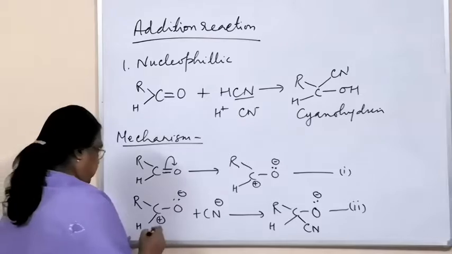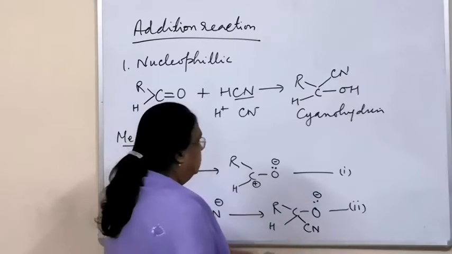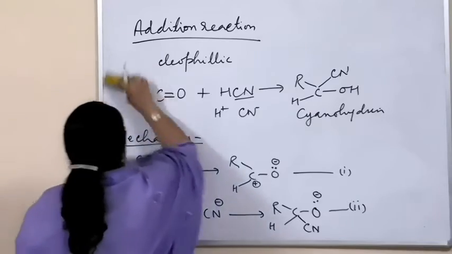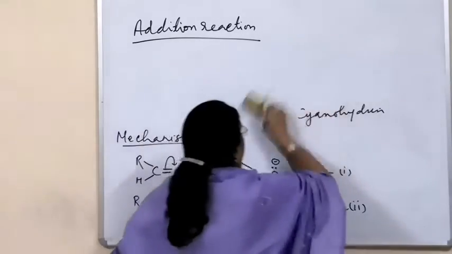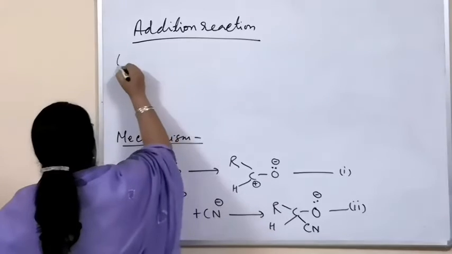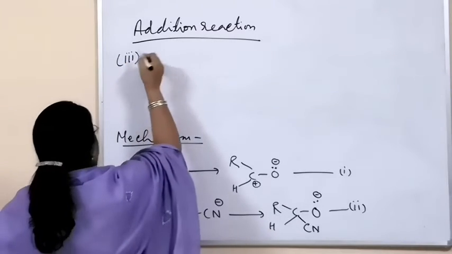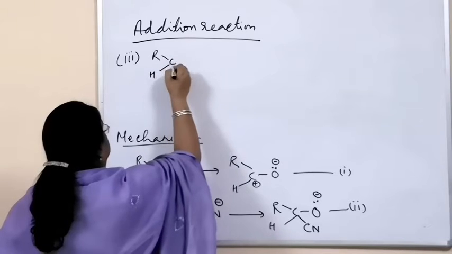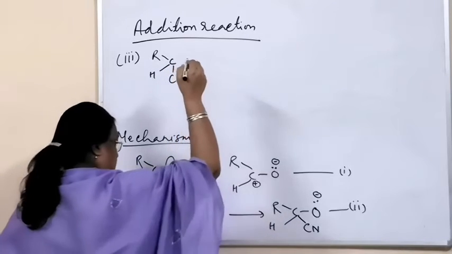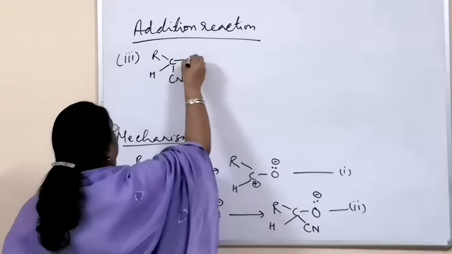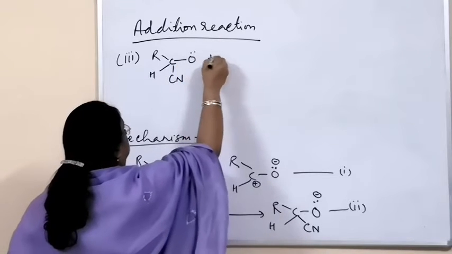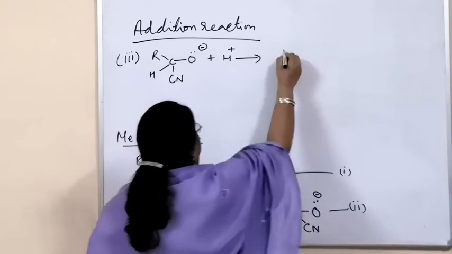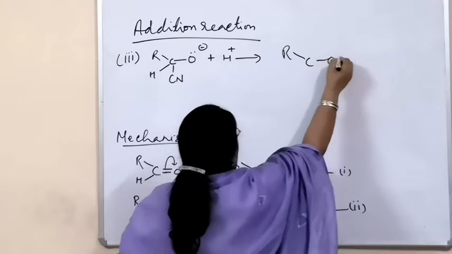So in the third step, RCHCNO negative plus hydrogen ion will form the main product.